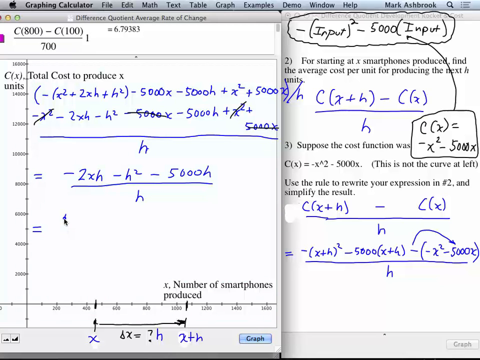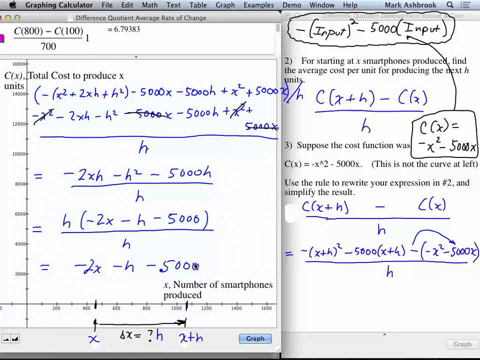Now we can factor out our h. Minus 2x minus h minus 5,000 equals minus 2x minus h minus 5,000. Did I do all the math right?